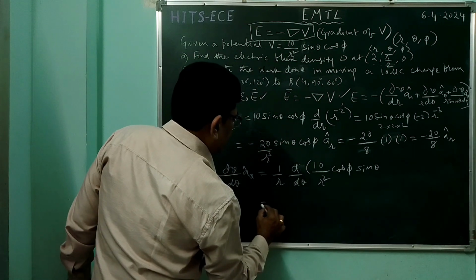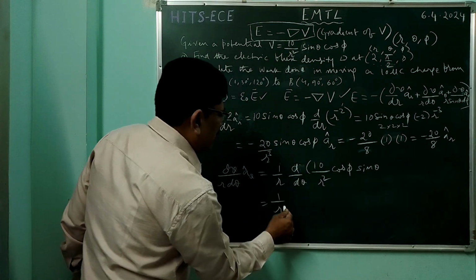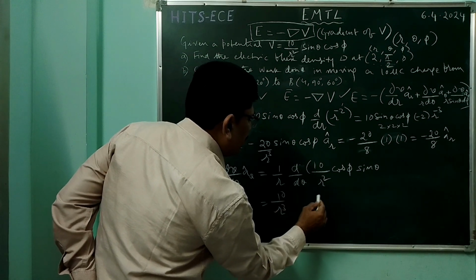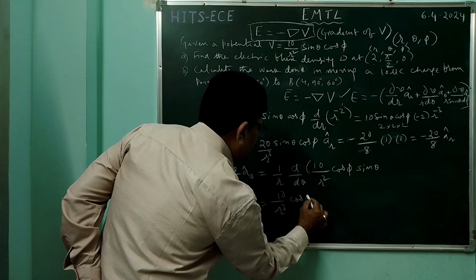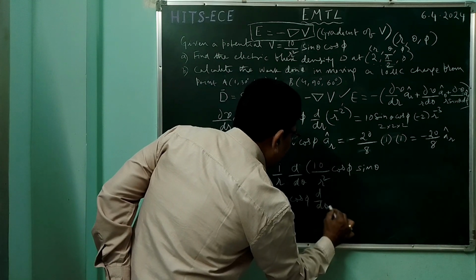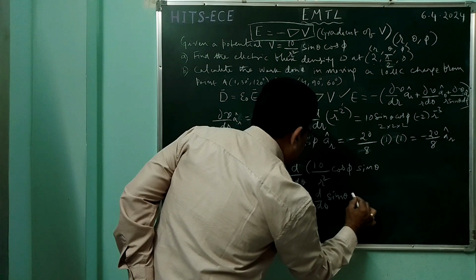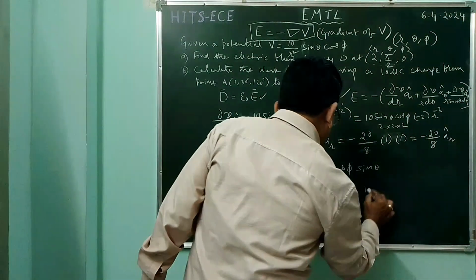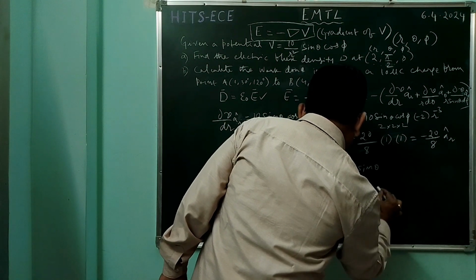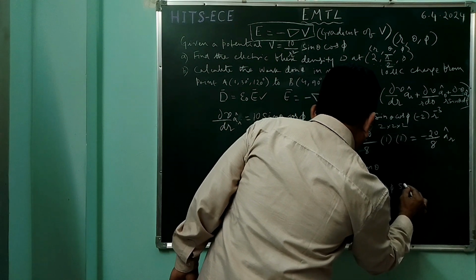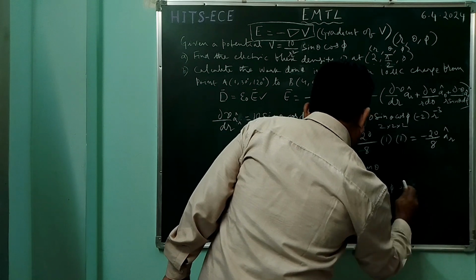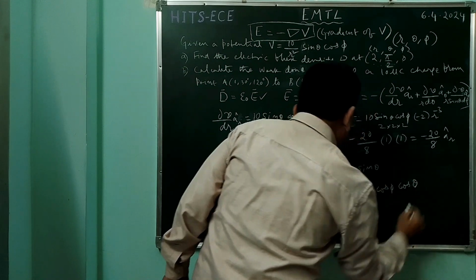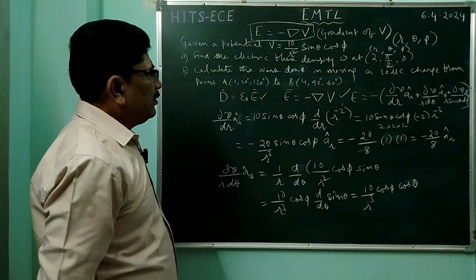Taking out the constants, 1 by r into r square is r cube, so 10 by r cube into cos phi into d by d theta of sin theta. The derivative of sin theta is cos theta, which is equal to 10 by r cube cos phi cos theta.